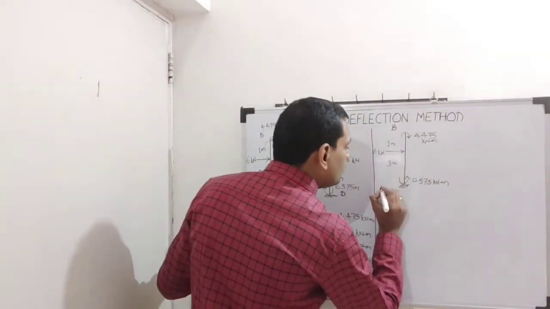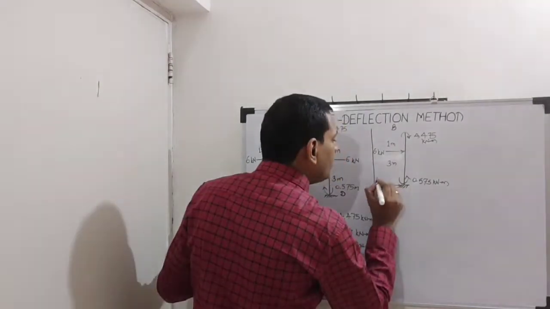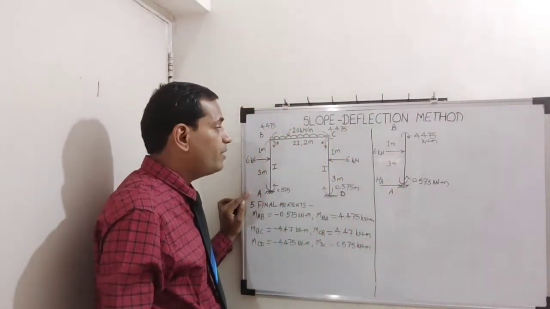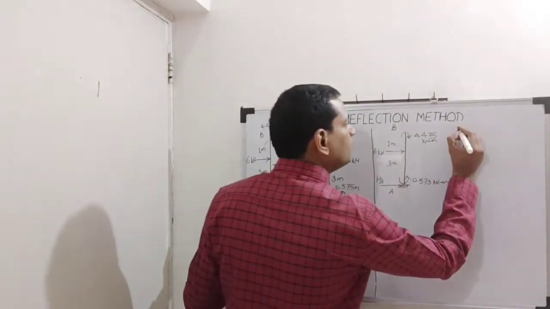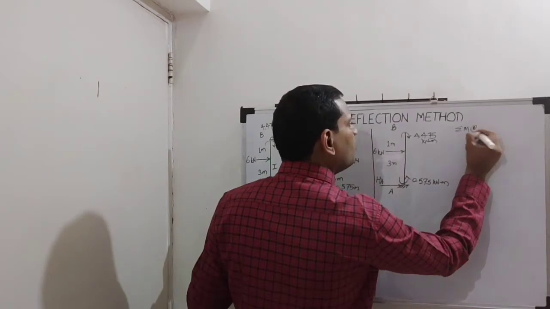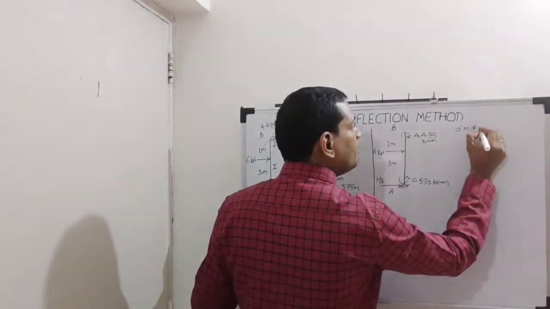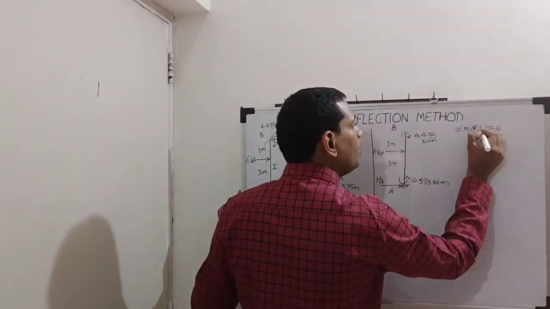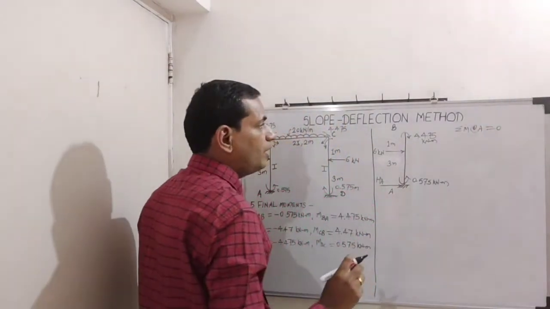I will assume horizontal reaction at A towards left. This is my assumption. I will just cross check whether my assumption is correct or not. If my calculated answer of HA is positive, then I will say my assumed direction is correct. I will take summation of moment about B.